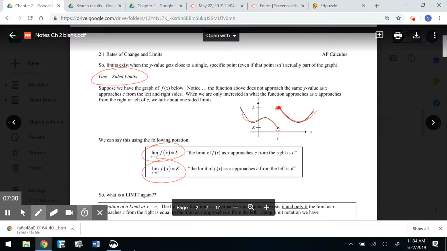And that value doesn't even matter that there's a jump discontinuity right there, but that value is actually k. So if you notice, the left and the right-hand side here do not equal the same value, which is going to end up being a very important concept when we deal with continuity and limits in AP Calculus.